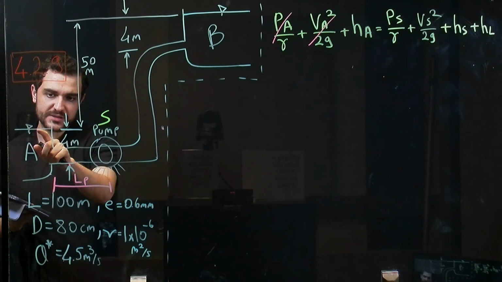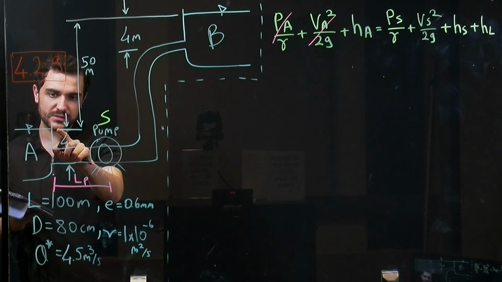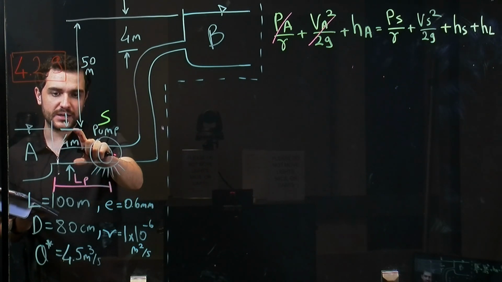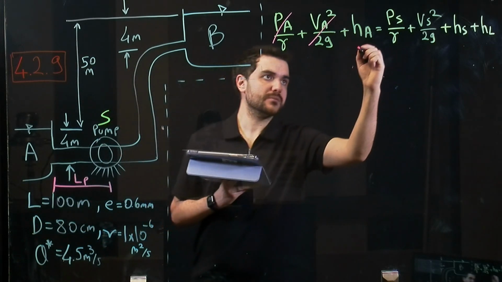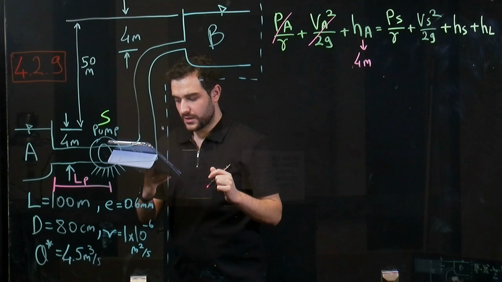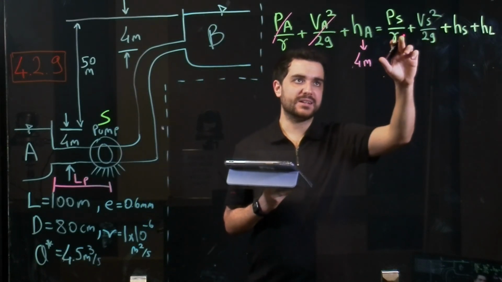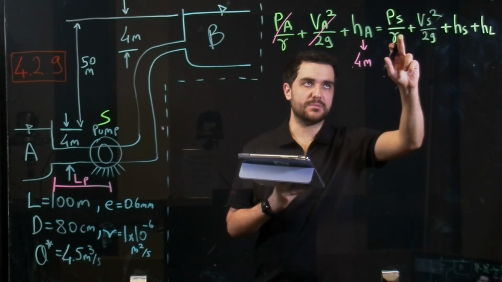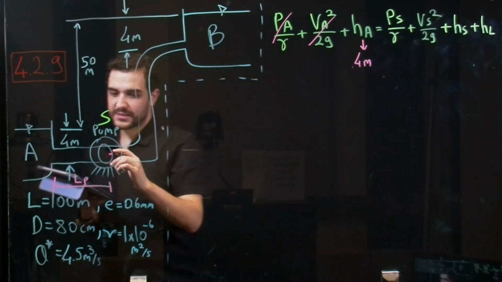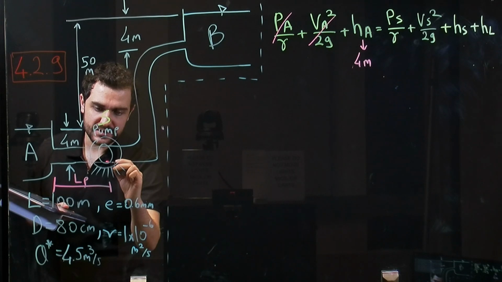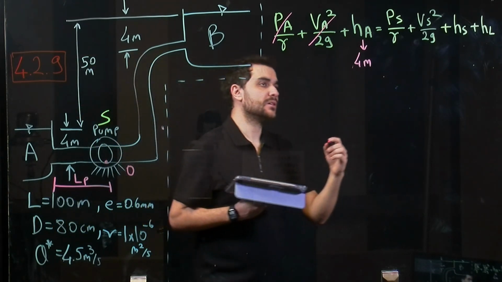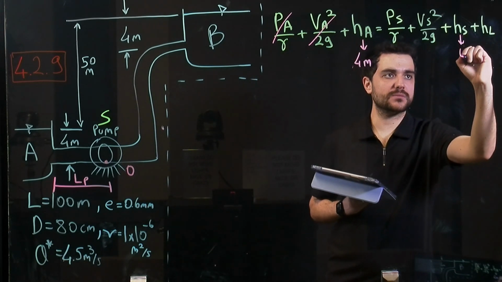So from the surface of this reservoir to this point, which is the suction side of this pump, is 4 meters. So let me write 4 meters. And on the other hand, we cannot eliminate these values because there will be pressure and there will be velocity at this point. But we can take this point, which is S, as 0 feet as reference. So it will be 0.